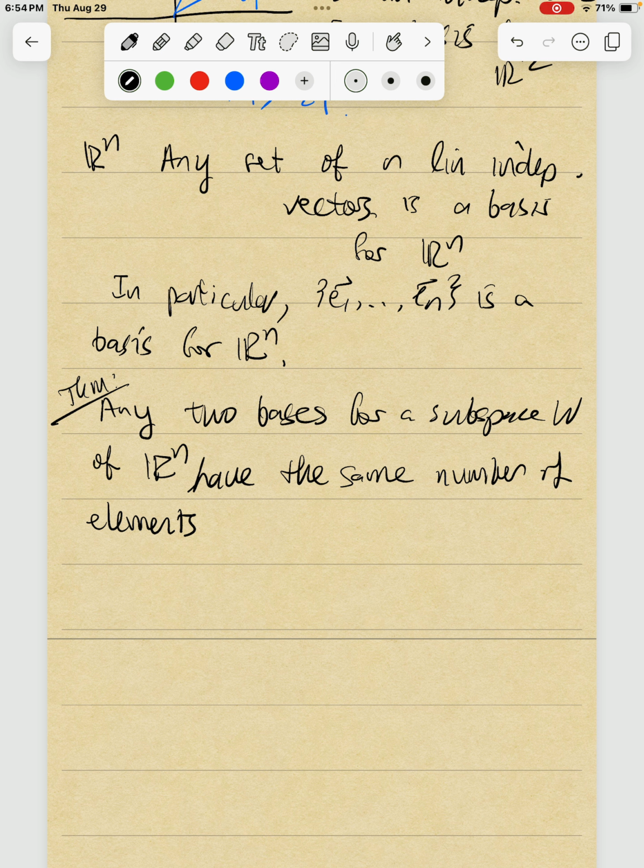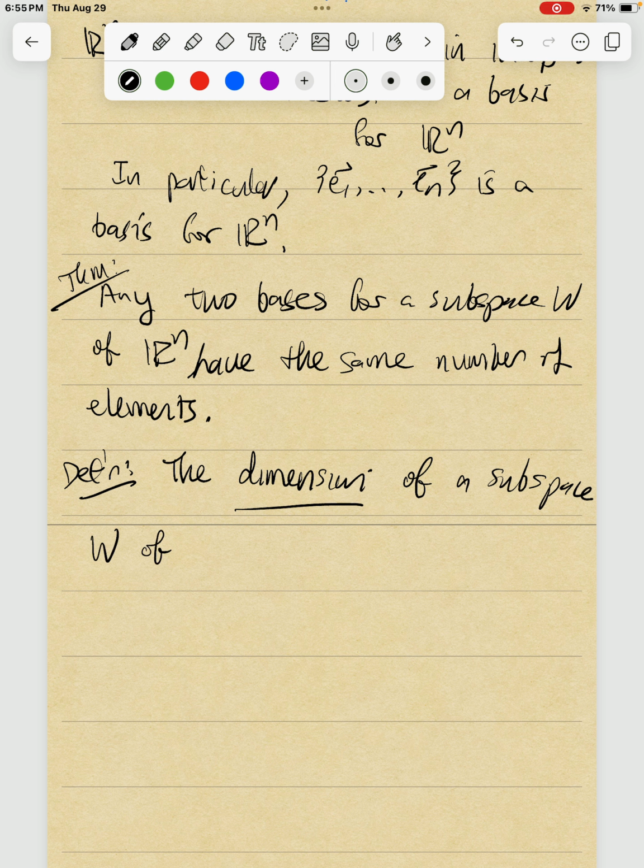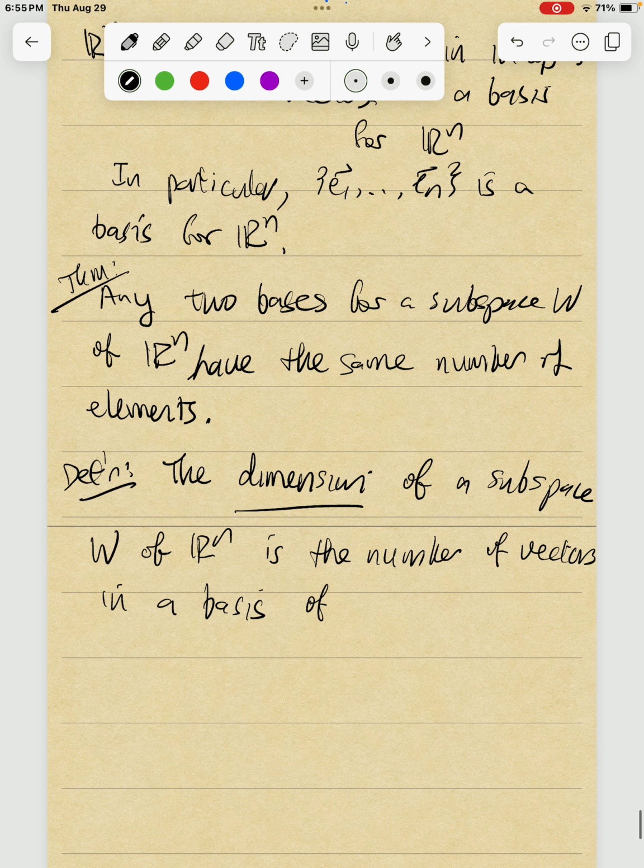Any two bases for a subspace W of Rn have the same number of elements, and once we have that theorem, we can define the dimension of a subspace. We define the dimension of a subspace W of Rn to be the number of vectors in a basis of W.